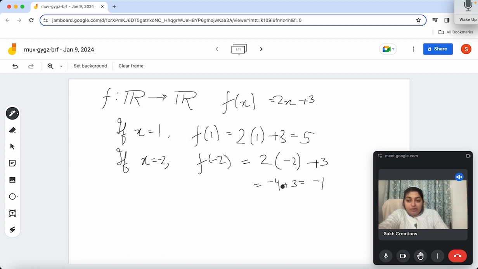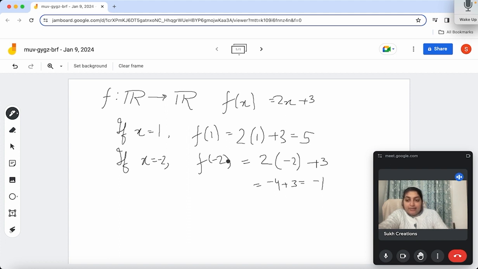So this mapping ensures that each input is associated with a unique output. This is a simple linear function which represents a very fundamental block in mathematics, right? There are different types of functions we will be discussing in this video.